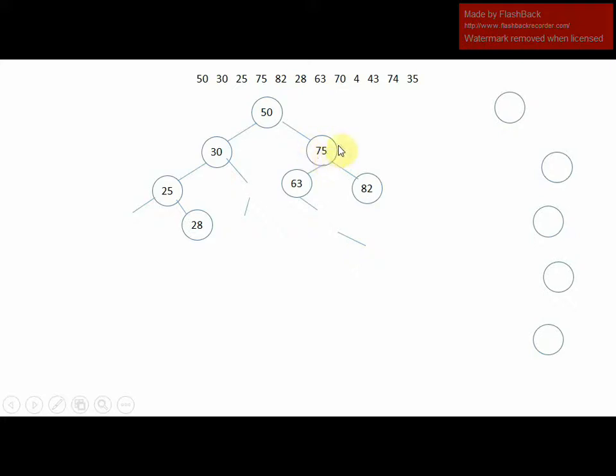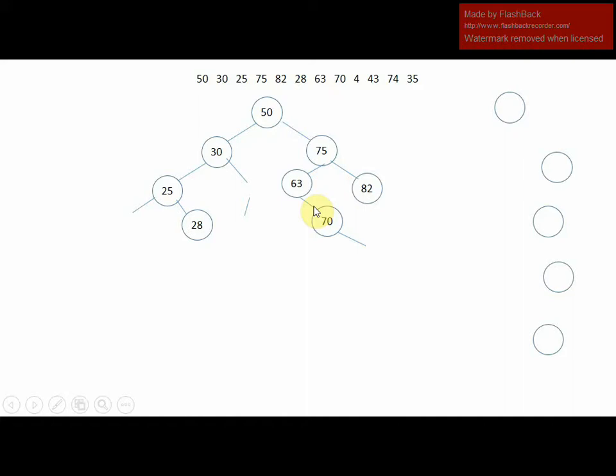What we have here is a parent node with 2 child nodes. That means we can't put any more between this level and this level here. So we have to keep working down. So we know that 70 is less than 75, so we're going to go to the left. But it is more than 63, so we start going right.